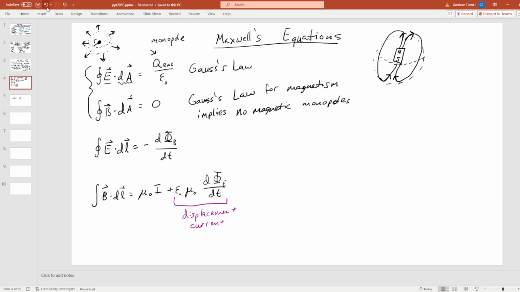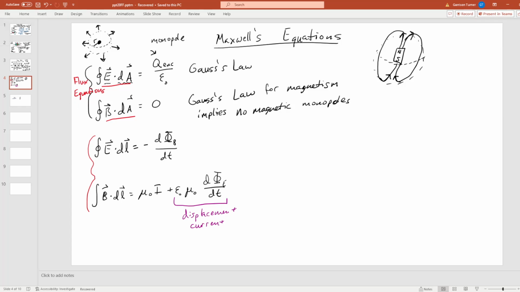But notice that both of these are fluxes. So the first two of Maxwell's equations are both flux equations. And then the second two are line integrals. So first things first, you'll notice a pretty deep symmetry here, right?